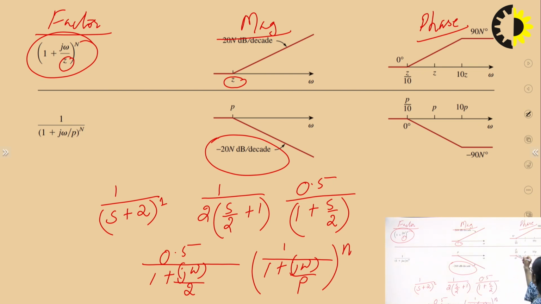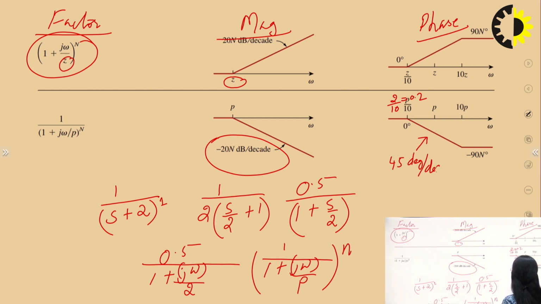So that means when I mark here, this p will be 2 by 10, that is 0.2. So the frequency I will be marking it as 0.2, and till 0.2, that is p by 10, the value will be 0 degrees, whereas it will go to minus 90 degrees, or minus 45 degrees per decade.